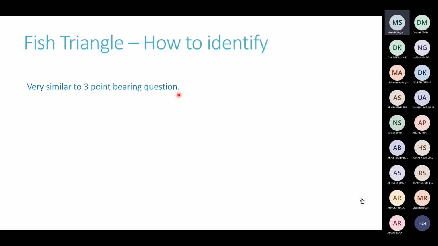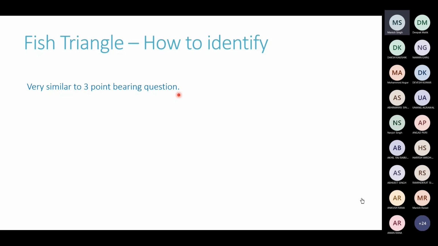Like in this example question which we have seen, the first two bearings are taken from one lighthouse, and the third bearing is taken from a different lighthouse. That helps you to easily identify the fish triangle from a 3-point bearing question.